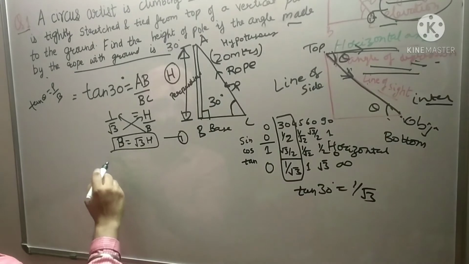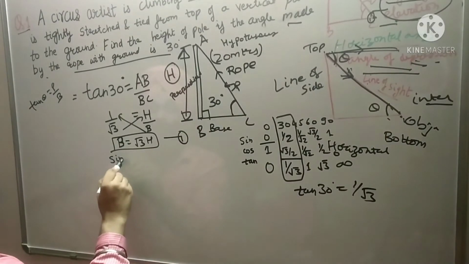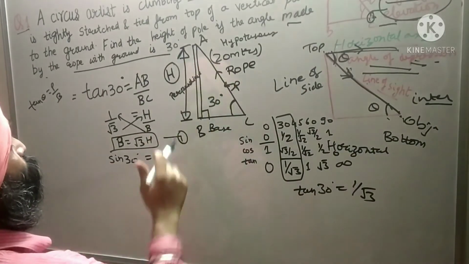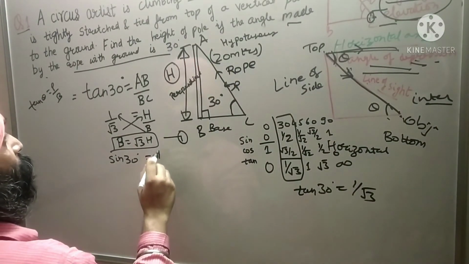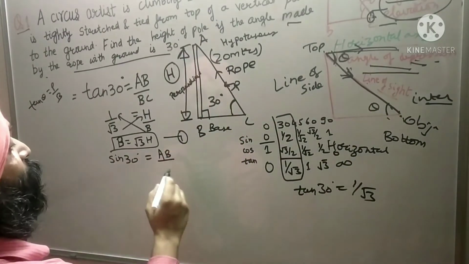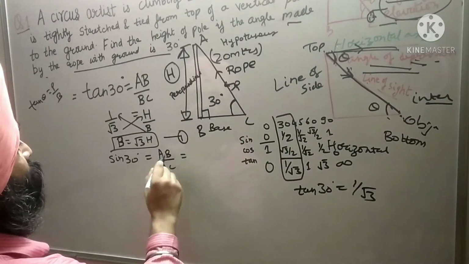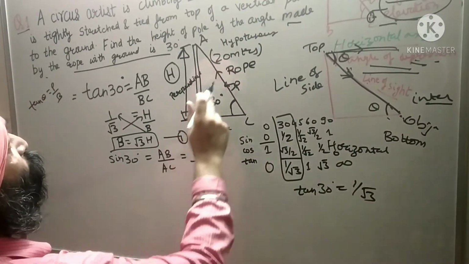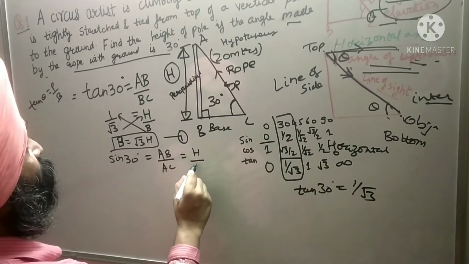And suppose we now want to find sin 30. So sin 30 will be perpendicular by hypotenuse, that is AB by AC. What is the value of AB? AB is h. And what is the value of AC? AC is given as 20 meters.